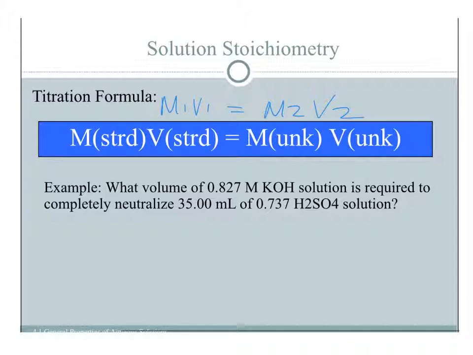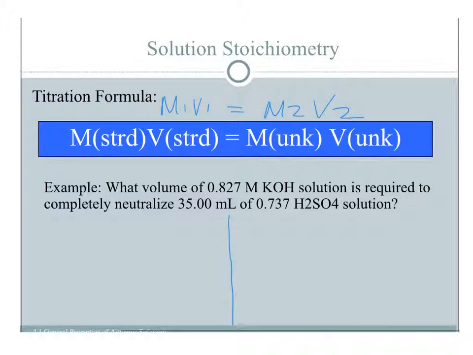Example, what volume of 0.827 molar KOH solution is required to completely neutralize 35 mils of 0.737 H2SO4? Now I'm going to show you two ways to do this problem.